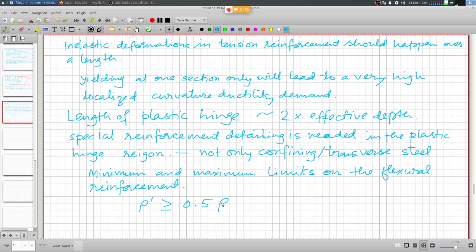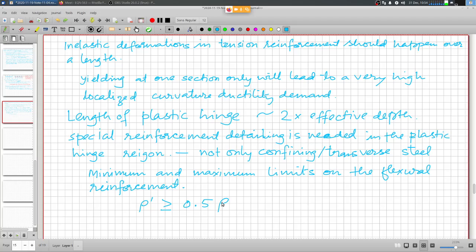I was talking about the positive moment capacities having to be at least equal to or more than 50% of the negative moment capacities at any point. A more correct statement would be the compression steel reinforcement has to be at least 50% or more of the tension steel reinforcement at any section wherever you look at, right?